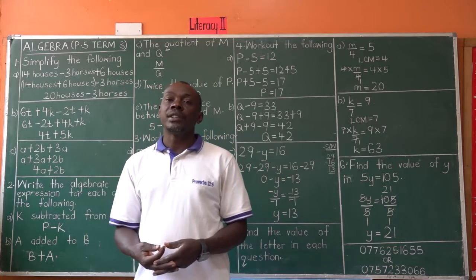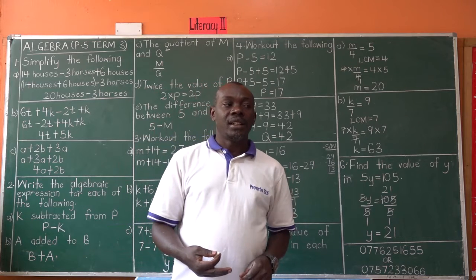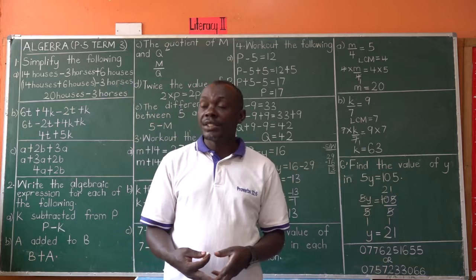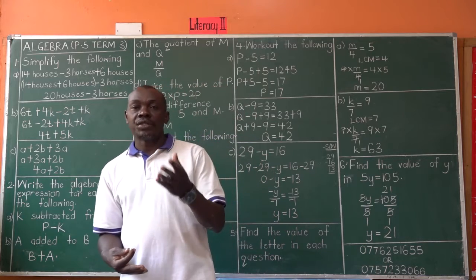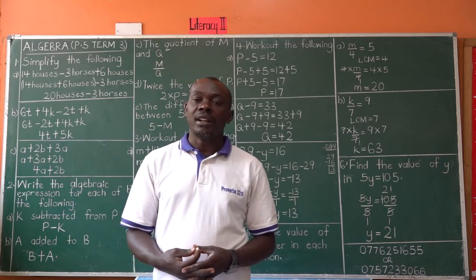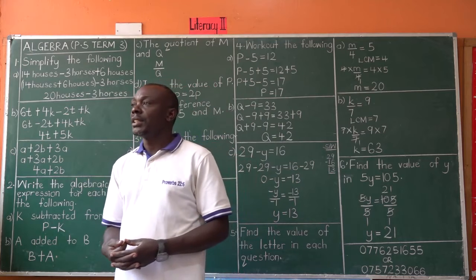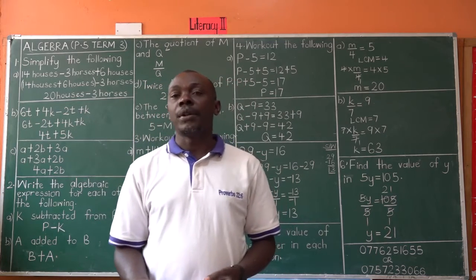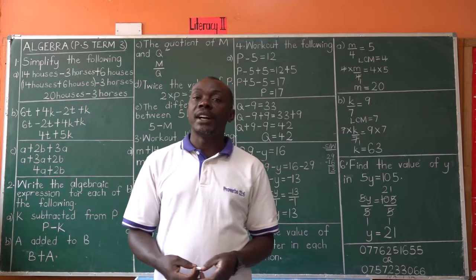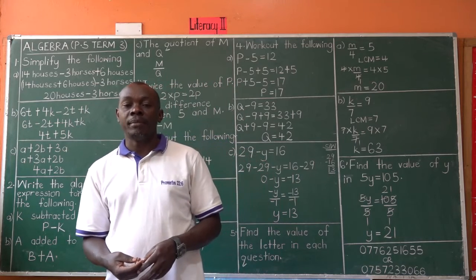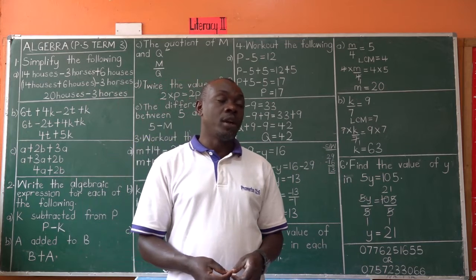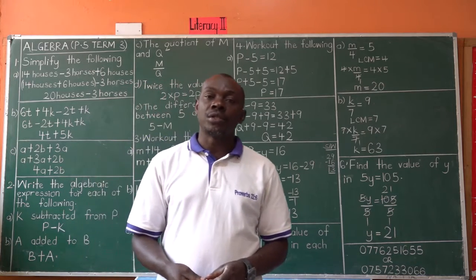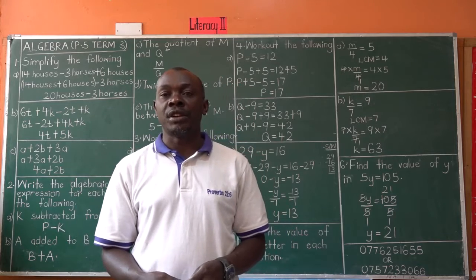Now, algebra itself has got four or five categories. That is, there is substitution. In algebra, we've got collecting like terms. There is also simplifying the collected like terms. There is formation of algebraic equations, and later we've got solving those very equations that are formed.